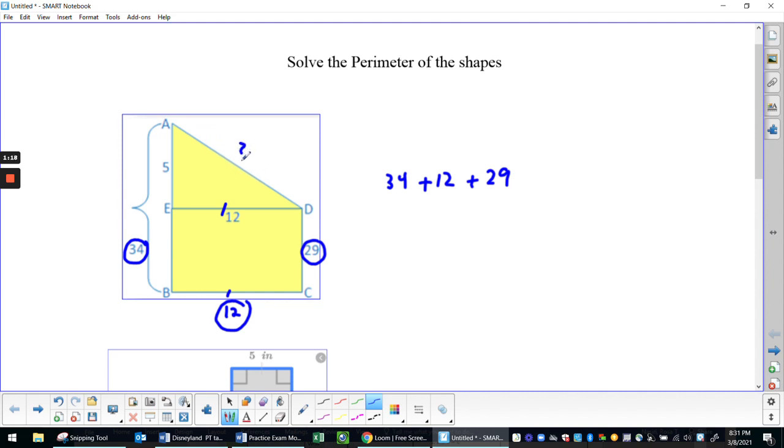So we know that this side length is the hypotenuse of this right triangle that you could see right here. And we know that these two are the legs of the right triangle, 5 and 12. So what we are missing is the hypotenuse.